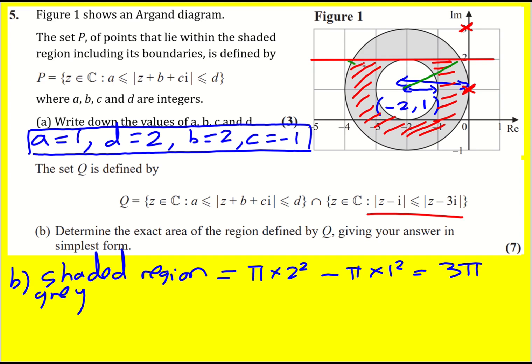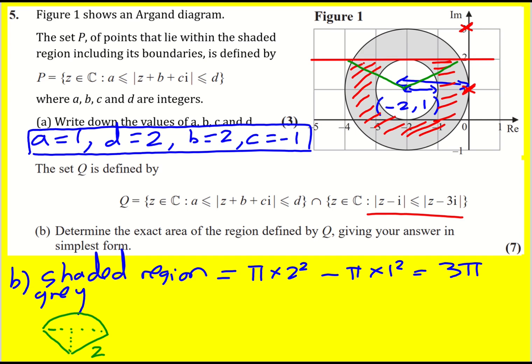And let's create a sector, because now my sector is made up from the segment, whose area I want to find, and this green triangle. So let's just sketch out what's going on. I've got a radius of 2, both. What I need is an angle, and I'm just going to draw across here and here.